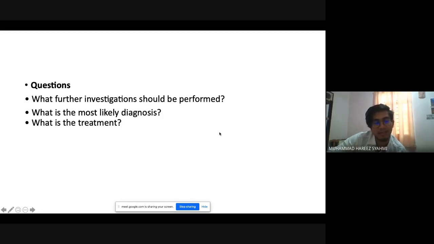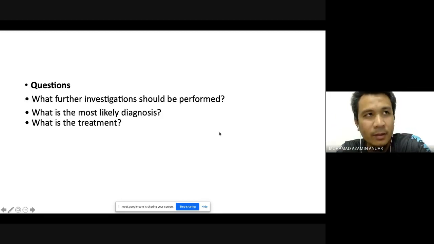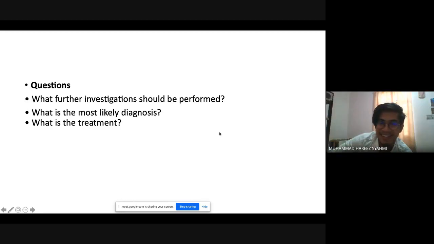Look at the total white cell and red blood cell, hemoglobin level, and also the platelet level. Okay. Anything else? Faizal, anything else you want to add? Other investigations?